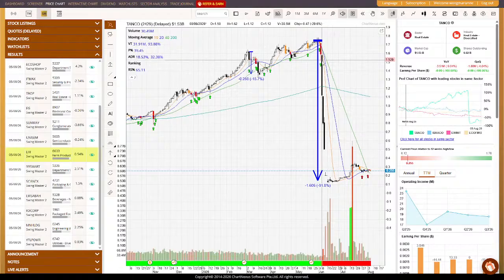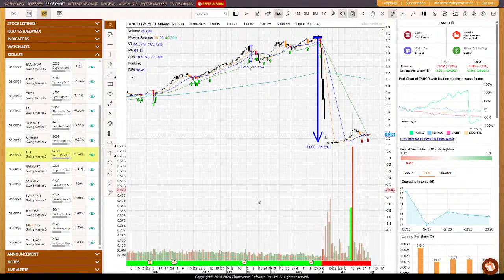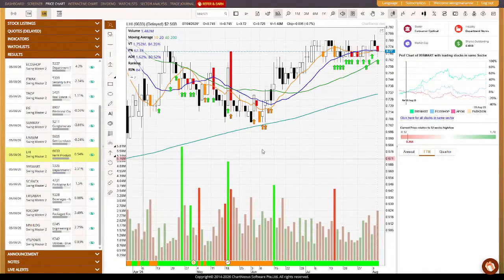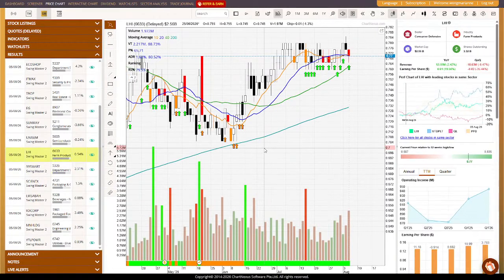This one was one, two, three consecutive days, and then here a further drop. This is how it can drop for 4 days, over 90 percent. All right, so you don't want to end up getting caught in this kind of stock. This is a very painful lesson, and that's why I will also skip this LHI.